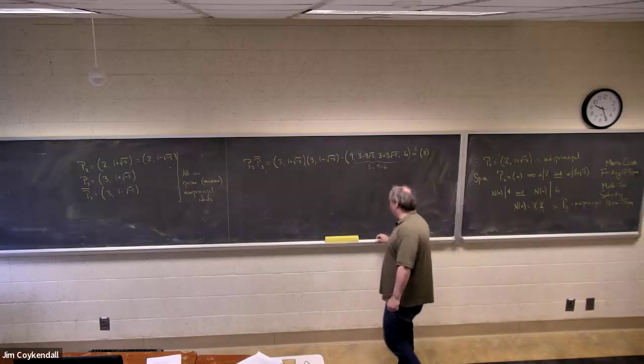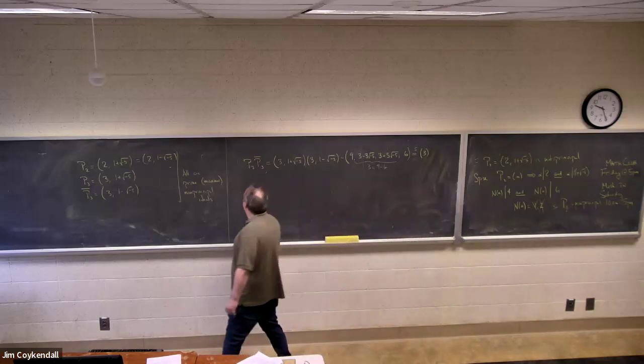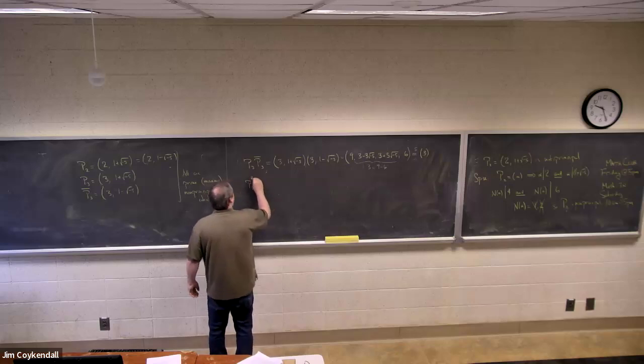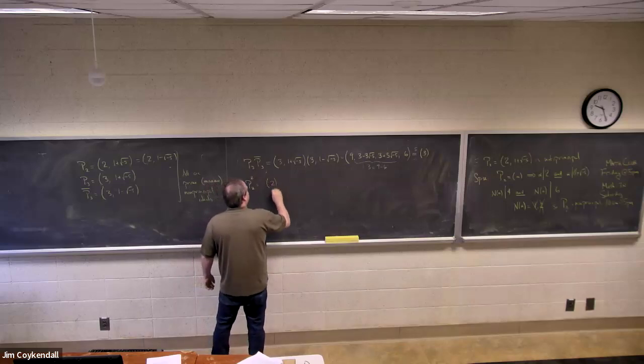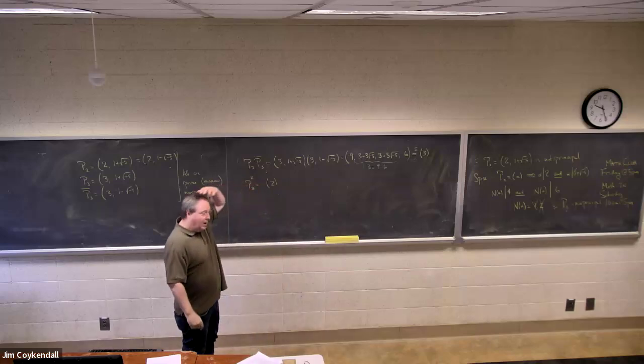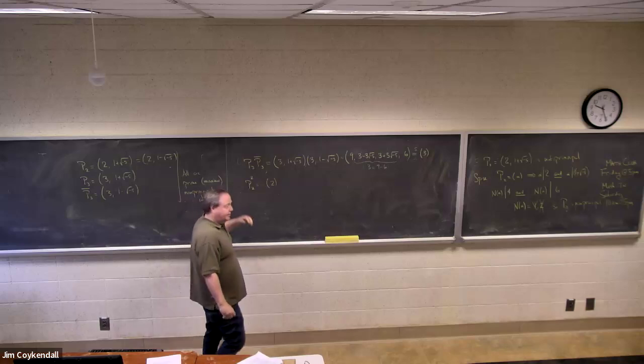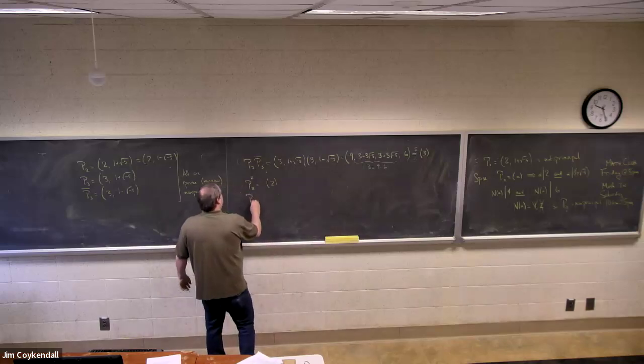Actually, so I can keep my story straight, let's try this. It turns out P2 squared is the ideal generated by 2. The computation is just like this, and one can argue it's even simpler. Let's do another one for practice.